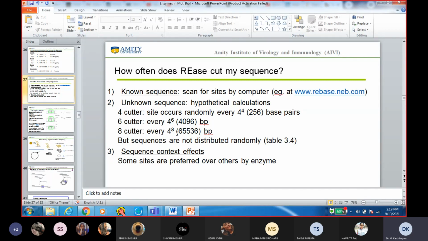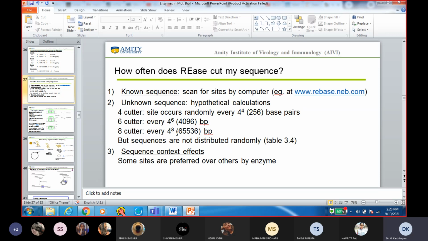So if you do that simple calculation, theoretically, for every 256 base pairs you are supposed to have a four base pair cutter site. A four base pair cutter is supposed to recognize approximately four times in a 1 kilo base pair fragment.